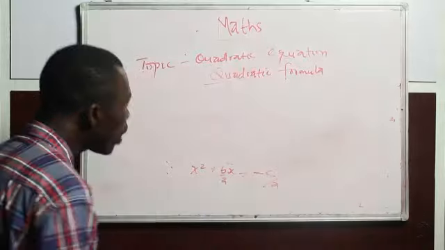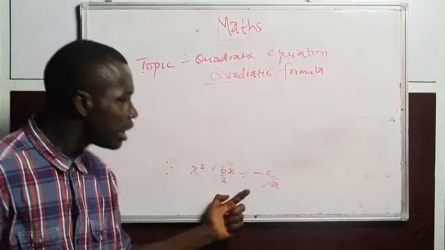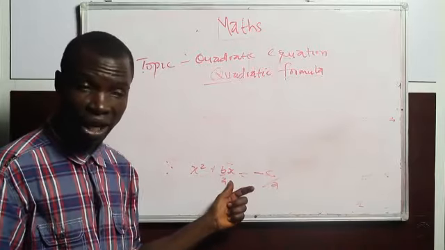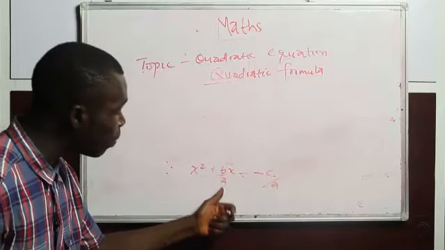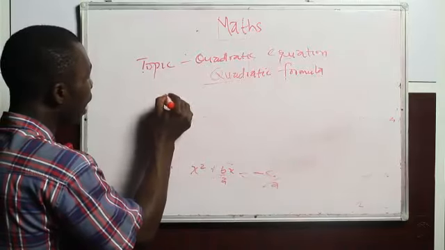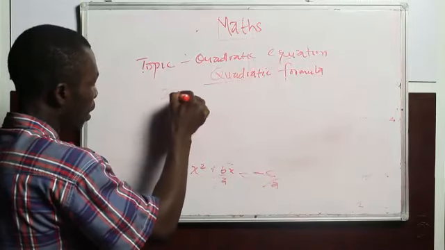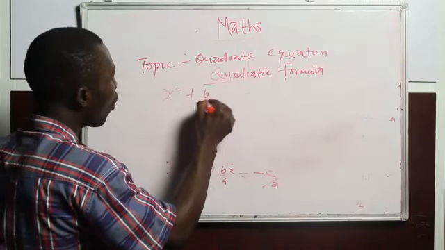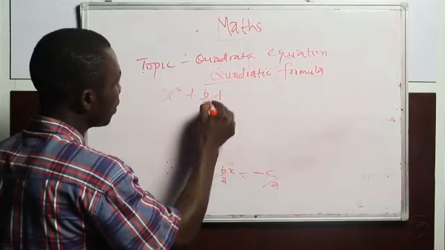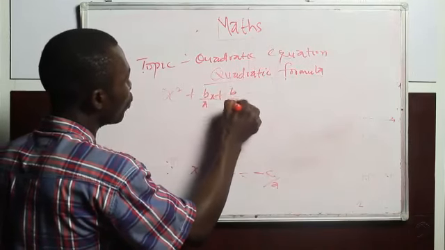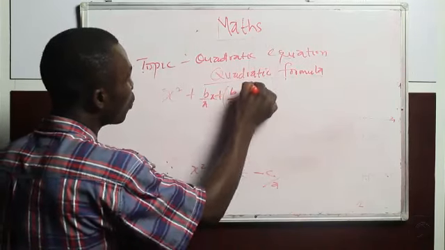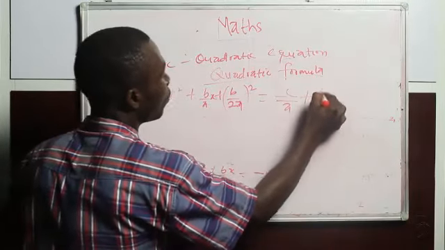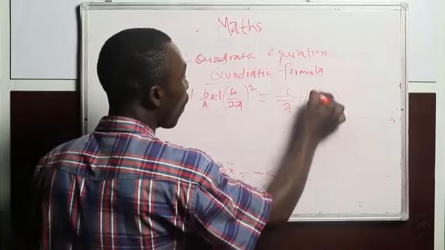We are going to add the square of half of this coefficient of x. The coefficient of this x here is b over a. Therefore, x squared plus b over a plus, that is, b over 2a all square equal to minus c over a plus b over 2a all square.